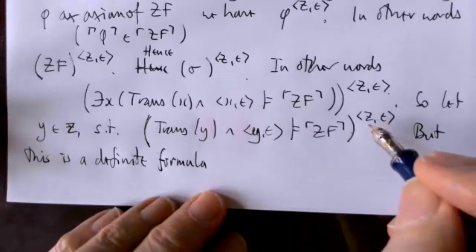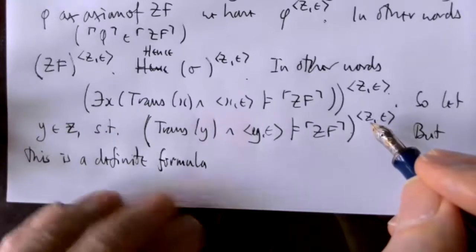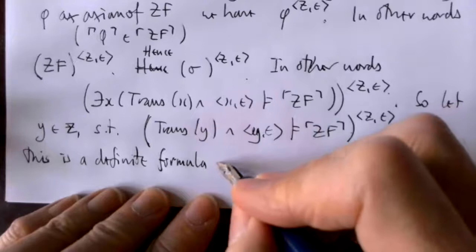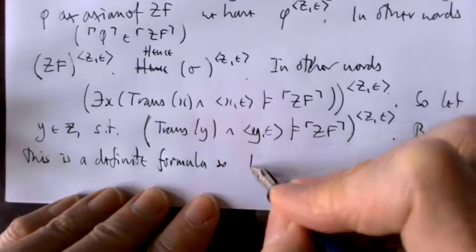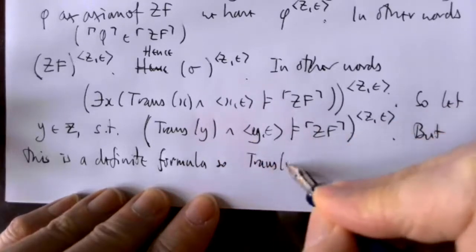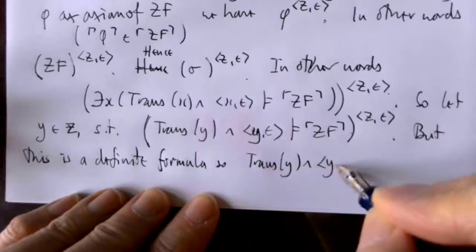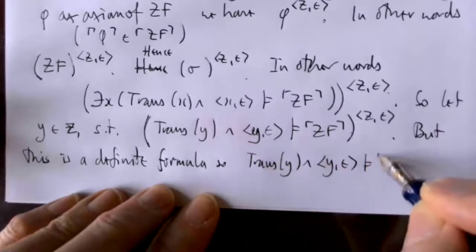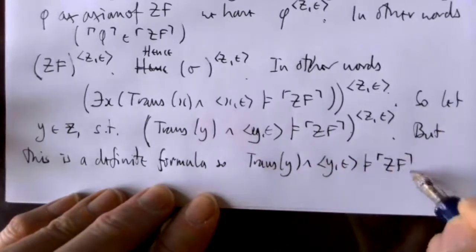This is a transitive ZF minus model. So I have this.